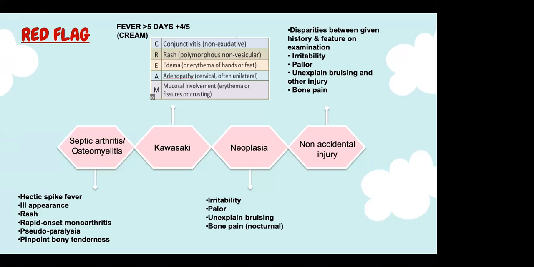In non-accidental injury, when you find there is disparity between the given history and features on examination, irritability, pallor, unexplained bruising and other injury, and also bone pain, you might want to interview the child alone without the parents accompanying them. Okay, next.